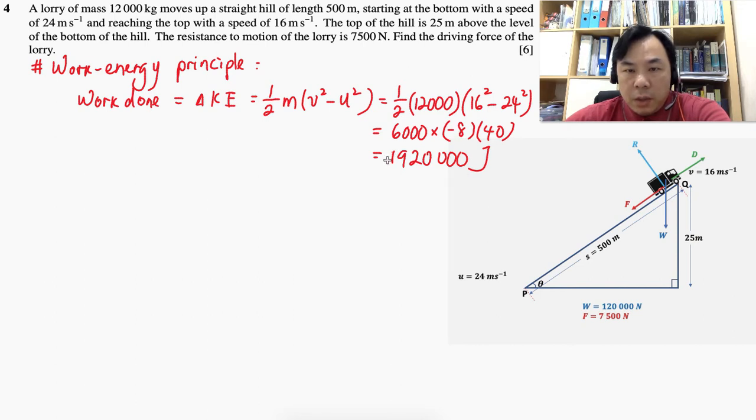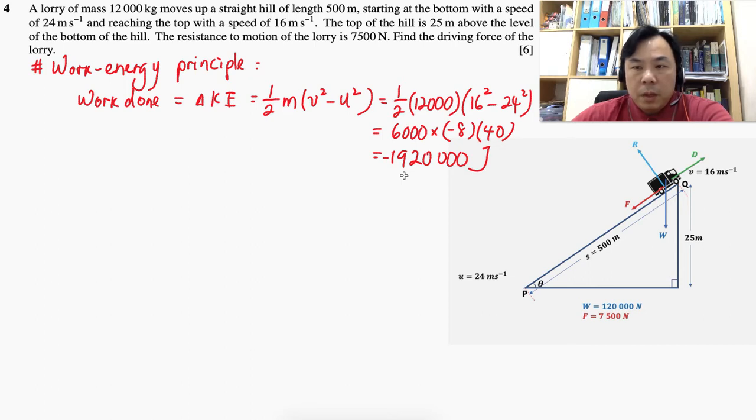Now there's a negative sign here, which signifies that there is a loss in kinetic energy due to the frictional force and the weight itself. Right. Now, once we are done evaluating the change in kinetic energy, we have to focus on the work done. What is the work that the lorry has to carry out in this case?